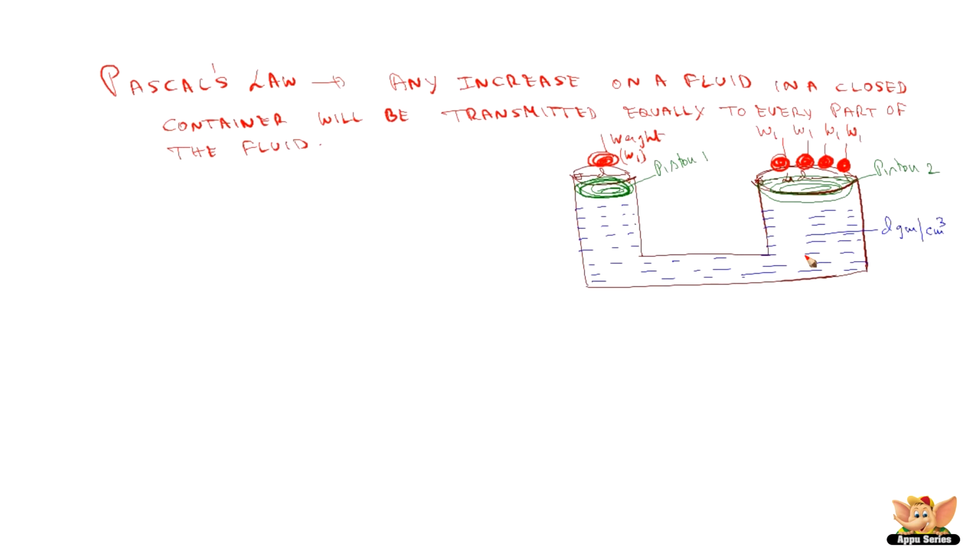And why? We understand that this is a smaller surface, this is a larger surface. So, with the smaller surface of piston 1 with the one weight, the pressure or the force exerted on piston 2 will be larger compared to the pressure or the force exerted on piston 1.